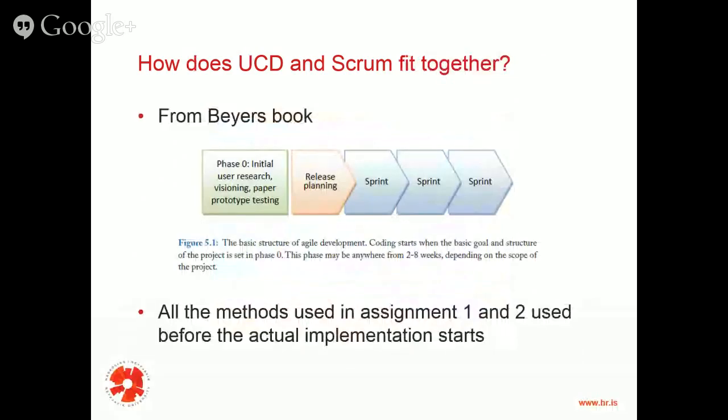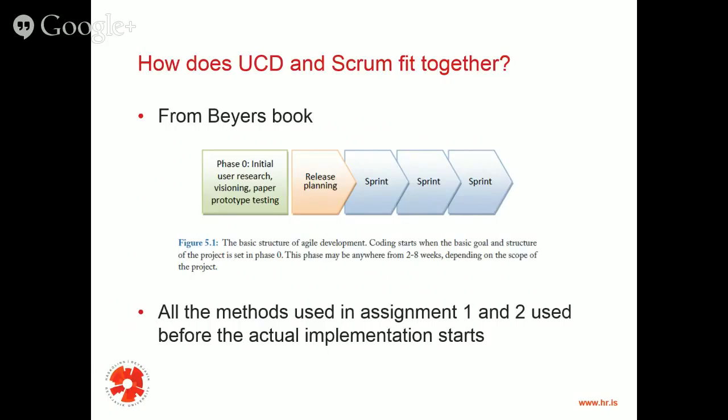Just to finish, for those of you that know Scrum, there is a phase 0, sprint 0 it is often called, where you are doing the initial user research, the visioning, prototyping, and so on. And this is where you are working now. You are really forming the project.